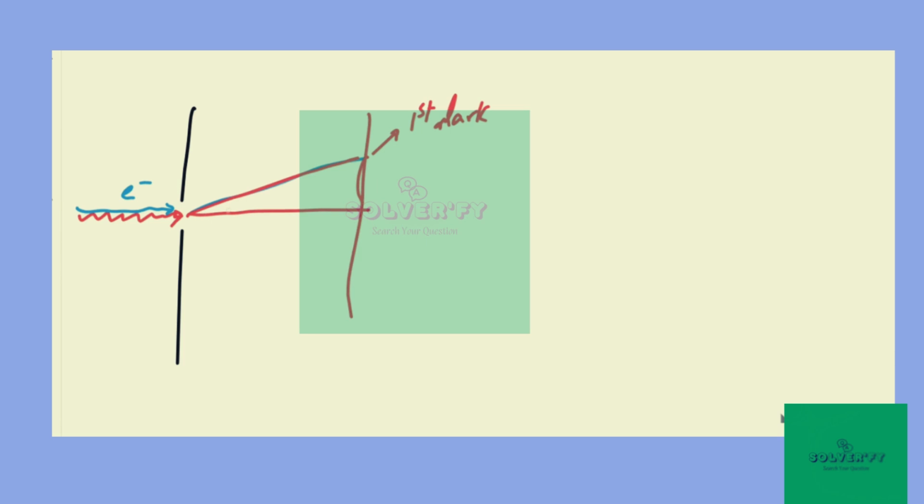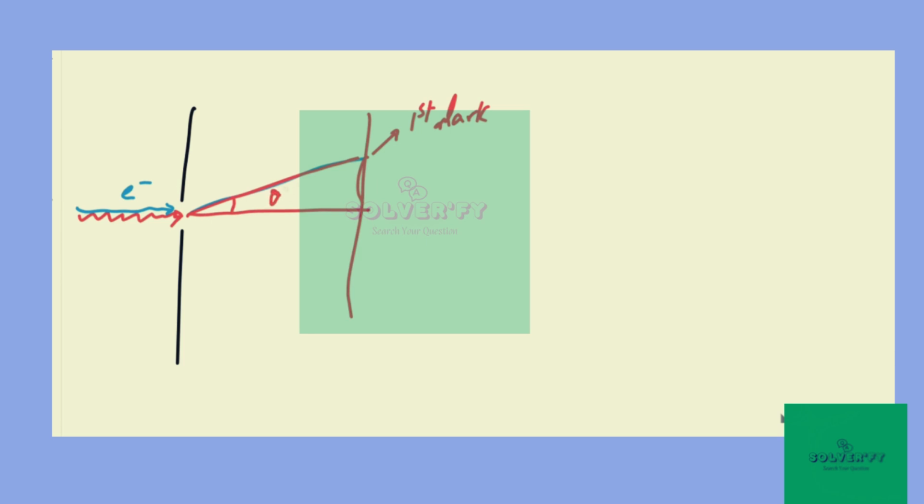In this question, we have a single slit experiment in which we pass through a photon as well as electrons, and we see that they actually end up with the same diffraction pattern, where they have the first dark fringe at the angle, which we don't know.